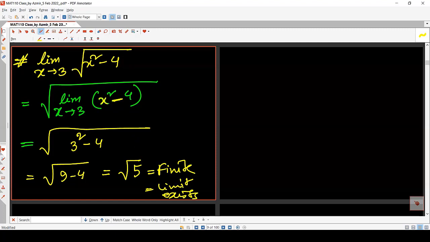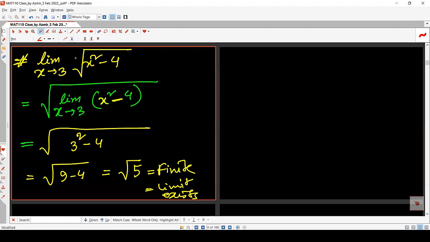So this is about the square root. Suppose instead of this problem, we have the fourth root of this function. All the things will be the same, and this time the result will be the fourth root of 5. This is also a finite value, so the limit exists.